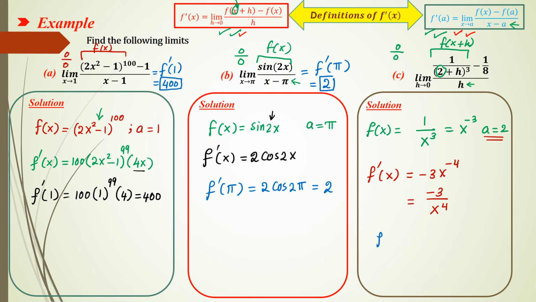So f prime of 2 equals negative 3 divided by 2 to the 4th power, and this equals negative 3 over 16. So our limit equals f prime of 2, which is exactly negative 3 over 16. And that's it. Thank you.